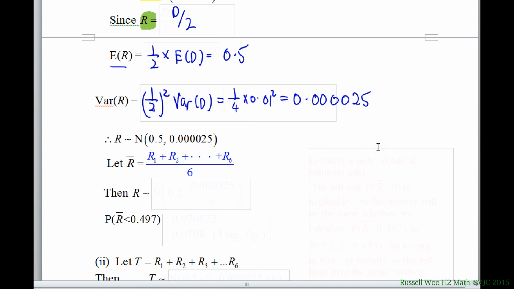I'm quite sure you are able to work this out quite fast. If R has a mean of 0.5, R bar should have the same mean 0.5.